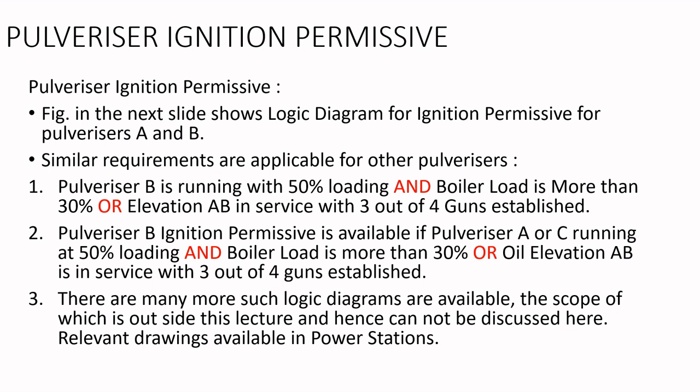Now pulverizer B, if pulverizer B is running with 50% of loading and boiler load is more than 30%, or elevation AB, means oil elevation, is in service with 3 out of 4 guns established. So when this condition is established, then pulverizer B ignition permissive is available. If pulverizer A or C is running at 50% loading and boiler load is more than 30%, or oil elevation AB is in service with 3 out of 4 guns established.